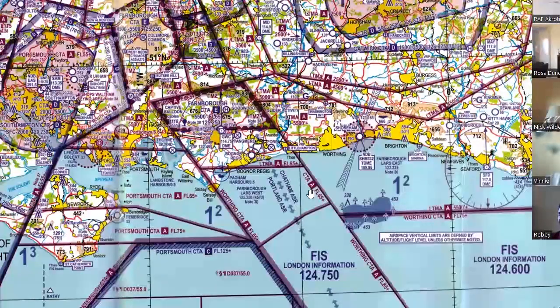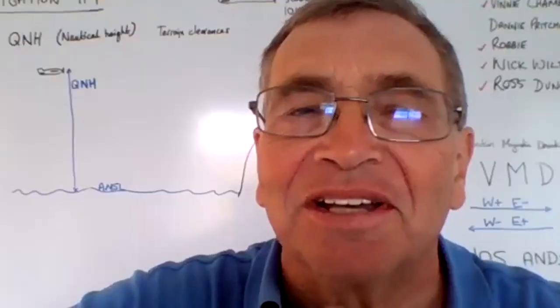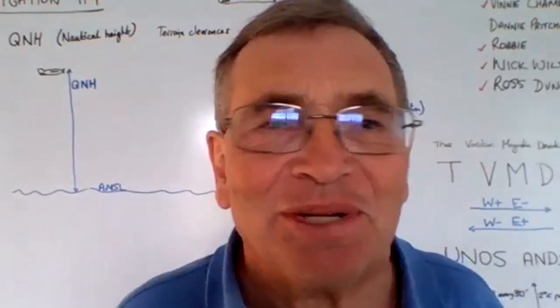Of course, you've got to know which one you're in and which one you're intending to fly in. You're going to look a bit daft if you get back to Farnborough and say, which one am I in?